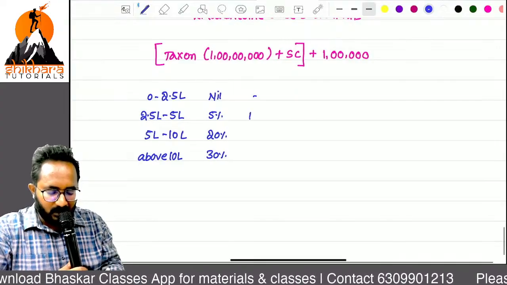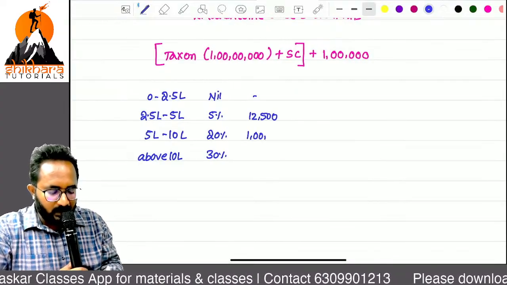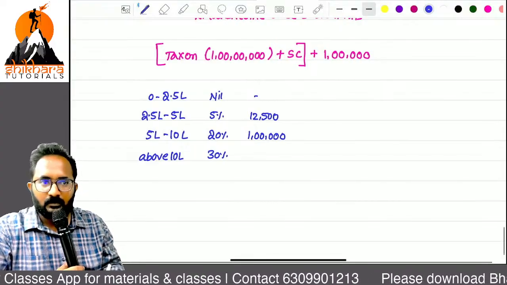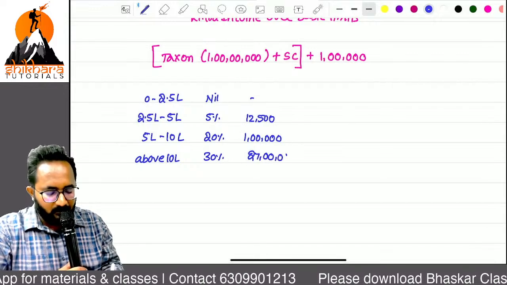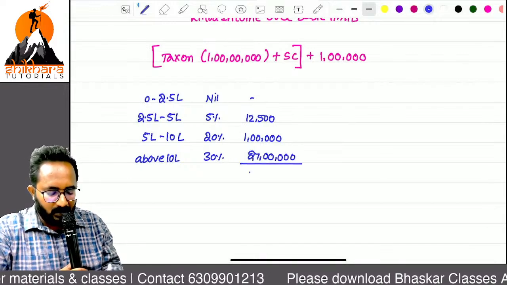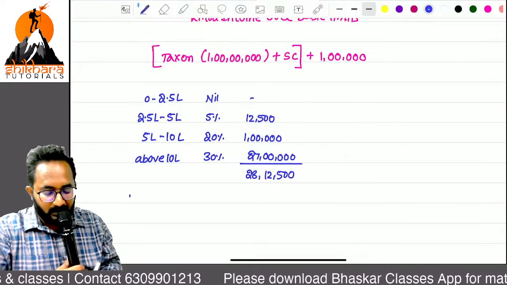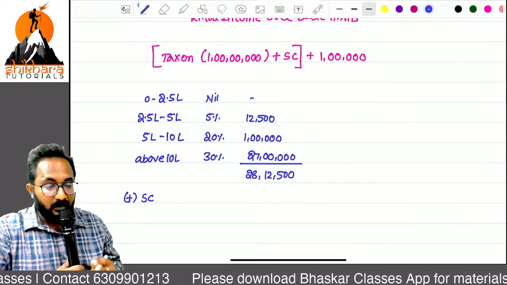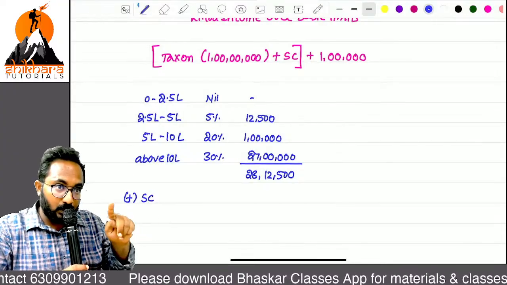Shall we write it down? It is 12,500. It is 1 lakh. It is 27 lakh. So total 28 lakh 12,500. But here surcharge applies, since income is more than 50 lakh and less than or equal to 1 crore.